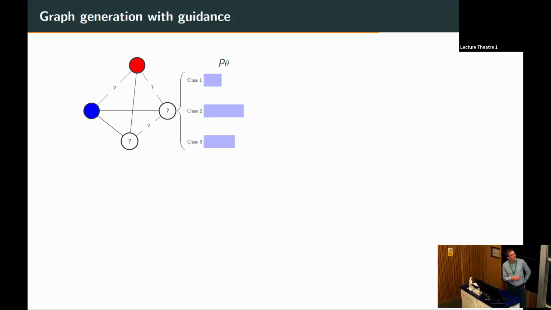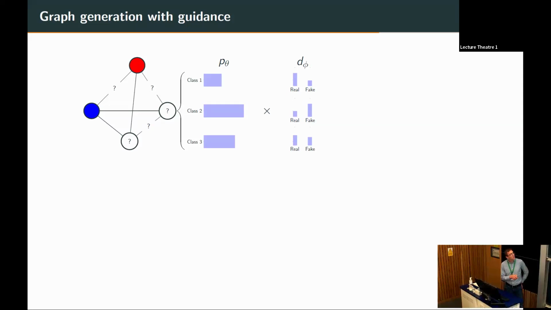Let's say that I want to generate a value for this node. My neural network will predict some probability distribution over possible node labels or atom types. For each of those possible values, I can plug this partially generated molecule into my discriminator, which tells me if it looks legit or not.